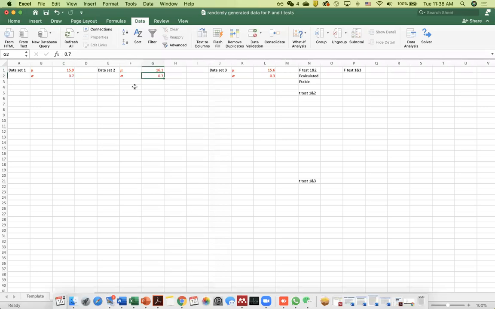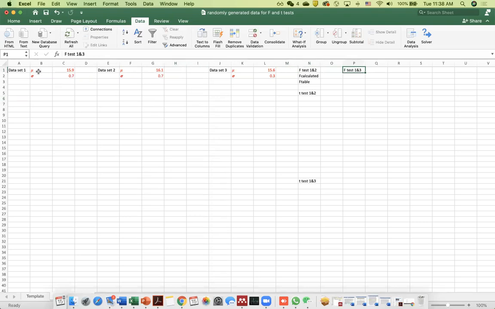So these 2 sets of data are coming from 2 different populations, even though their standard deviations are the same. If you compare data 1 with data 3, their population standard deviations are different, and the population means are also different. Once I generate the 3 sets of data, I carry out the F-test for 1 and 2, and the F-test for 1 and 3.